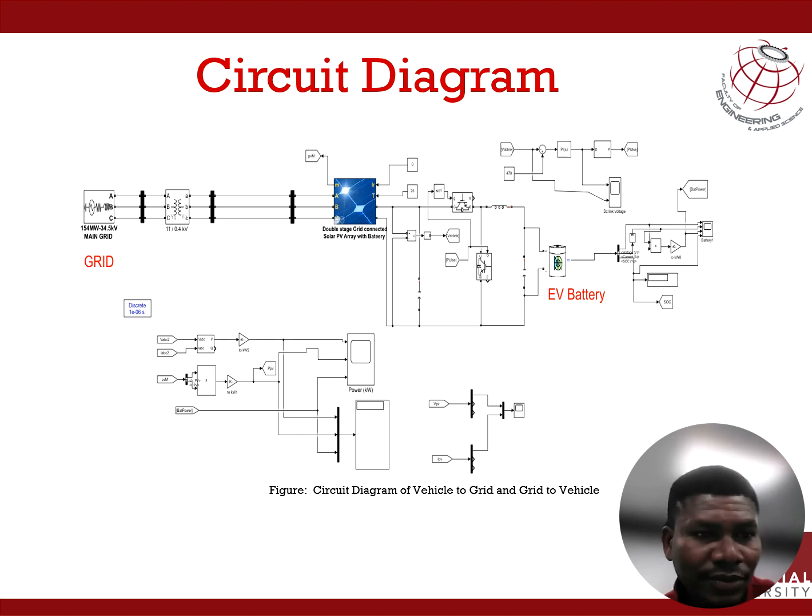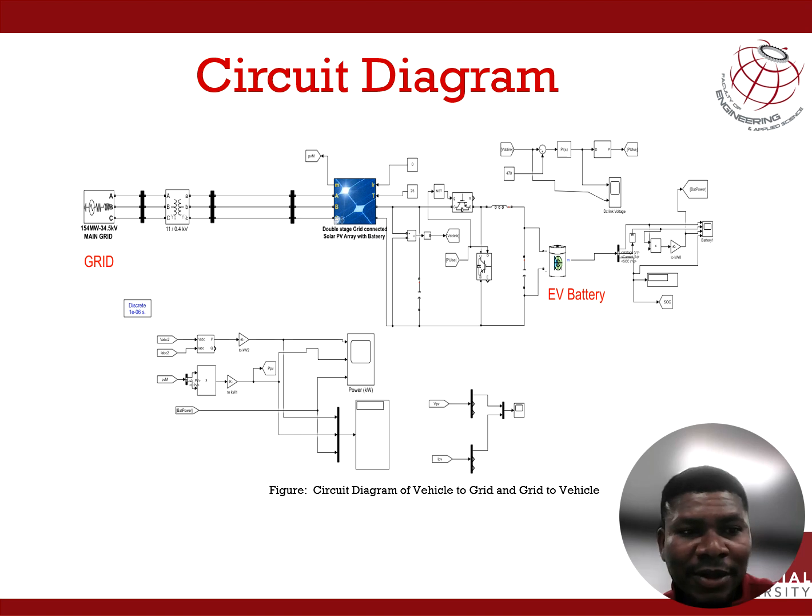We also have our grid connection. This represents the connection point between the electric vehicle charging system and the electric grid. It typically includes components such as contactors, relays, fuses, and protection devices to ensure safe and reliable grid integration.